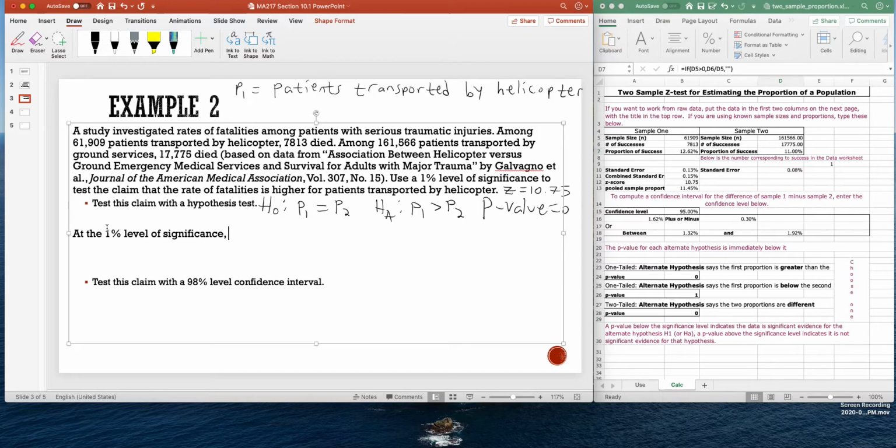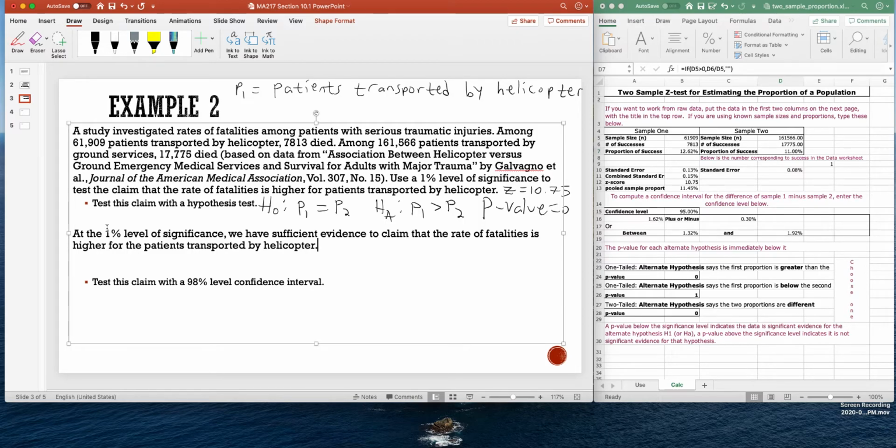At the 1% level of significance, we have sufficient evidence to claim that the rate of fatalities is higher for the patients transported by helicopter.